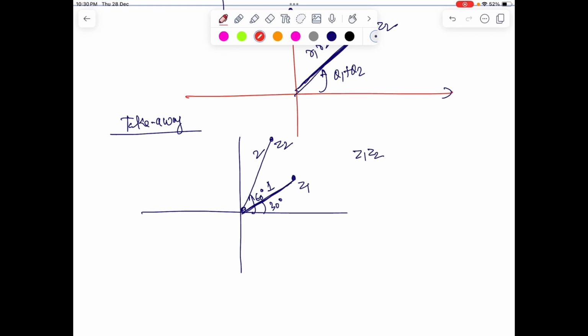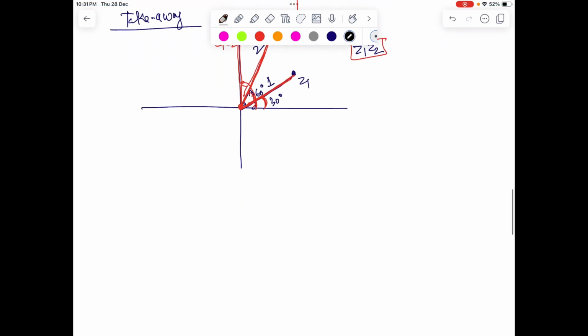Then where will z1 z2 be? So visually I can see z1 z2 will be a complex number whose magnitude will be the multiplication of magnitudes. So multiply the magnitude and add the angle, right? So 1 into 2 will be 2, and its angle will be 30 plus 60, 90. So it's 2 units at an angle of 90 degrees. So you take 2 units and now you go at an angle of 90 degrees. We are exactly here. So this is z1 z2.